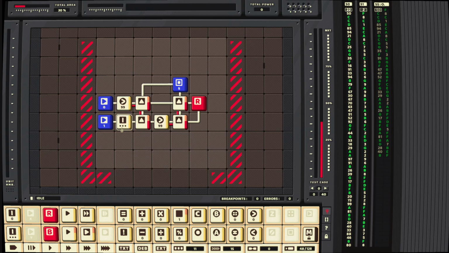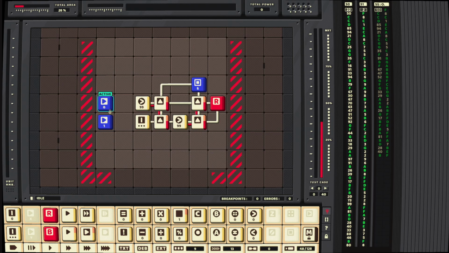Because now I'm requesting input every tick, which I can't afford. Just shift the whole thing over. I don't know. It's even worse for space, but it doesn't cost me any icons or any throughput.